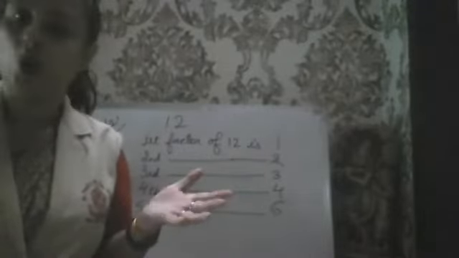After that, we move to 7. Is 7 a factor? No. 8? No. 9? No. 10? No. 11? No. 12? Yes. So there is one more factor, which is 12. So how many factors of 12 do we have?